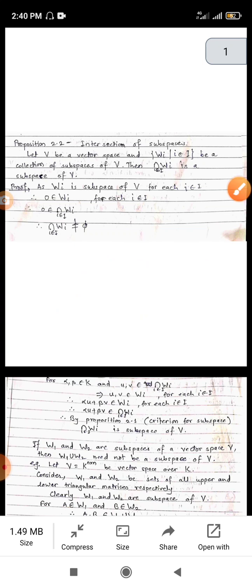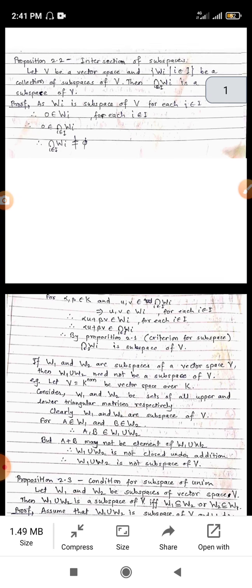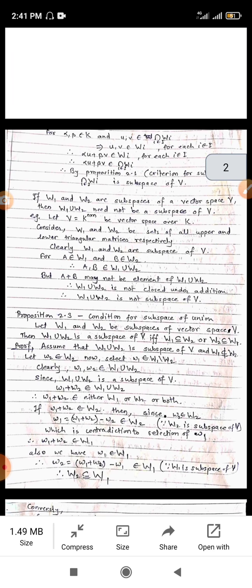So the first condition is satisfied: the intersection of Wi is a non-empty subset. Now let us check whether the subspace criterion holds for the intersection of Wi. What is the criterion? S is nothing but the intersection of Wi, and for u, v belongs to S, we have to check that alpha u plus beta v also belongs to the intersection of Wi.